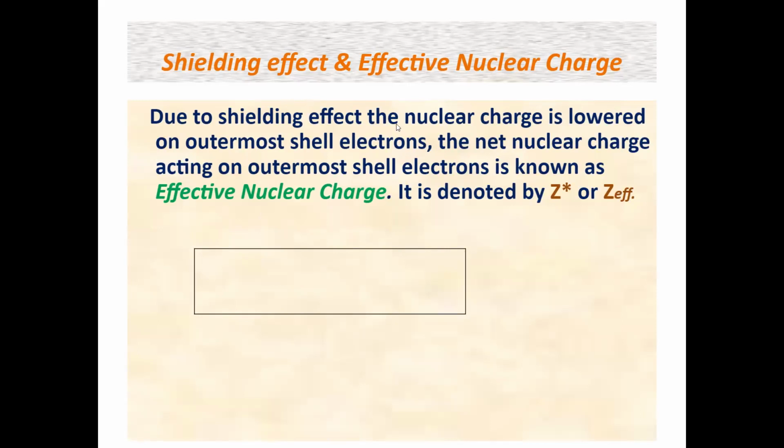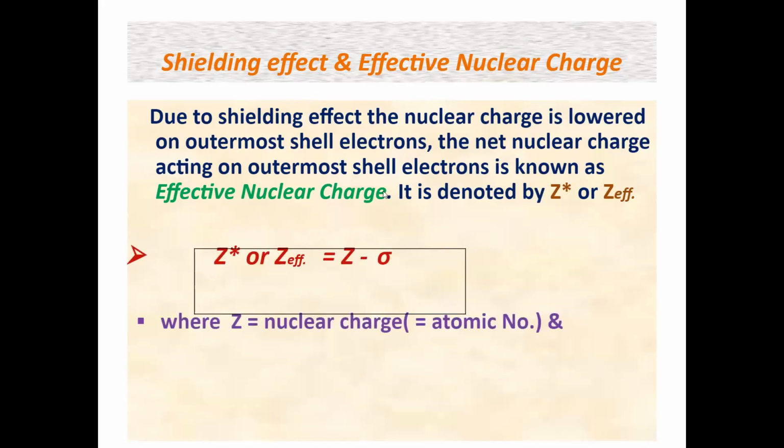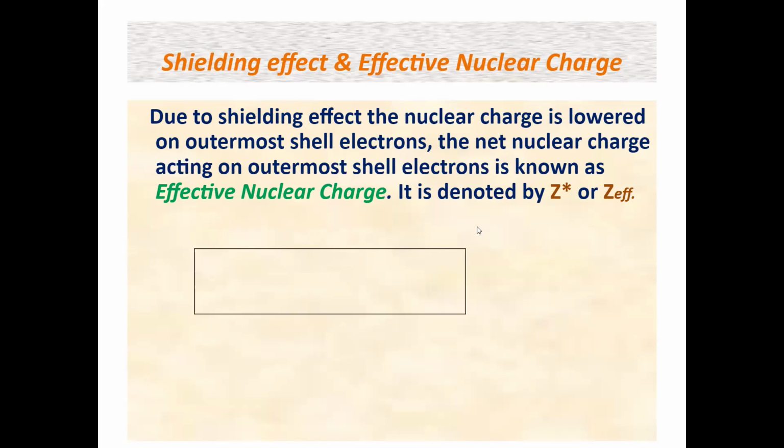So due to the shielding effect, the final nuclear charge decreases on the outermost shell, and the remaining net nuclear charge acting on it is the effective nuclear charge. Here, effective means the overall net nuclear charge.